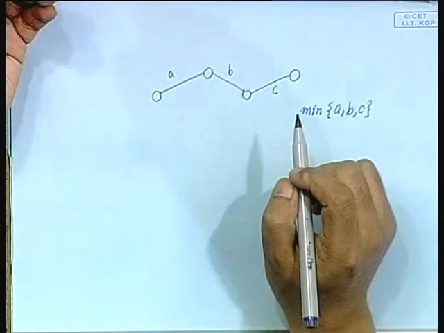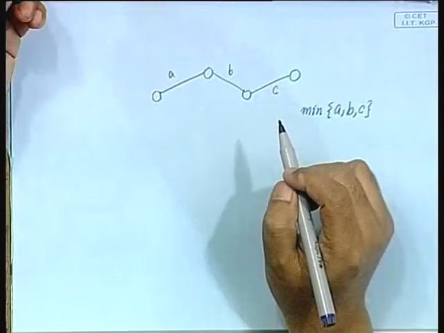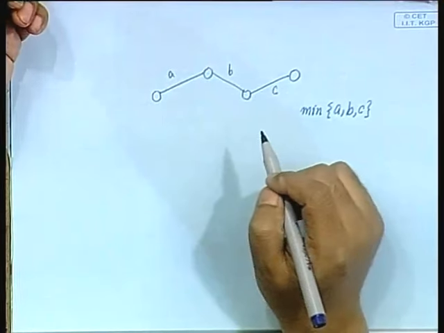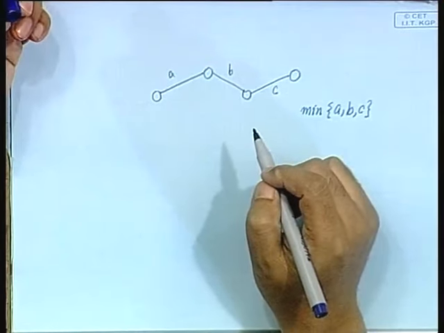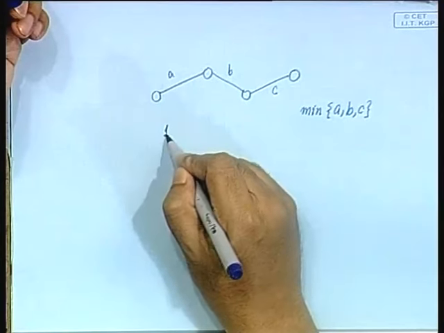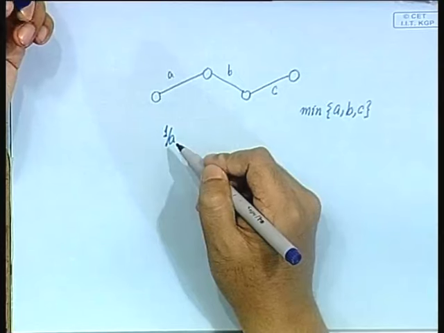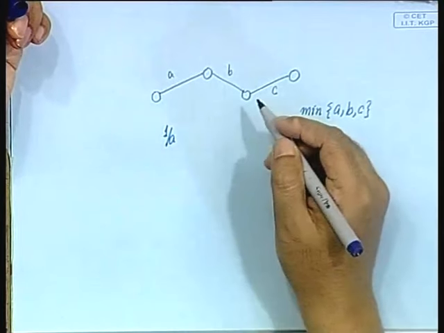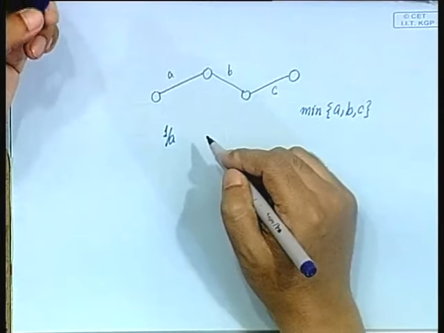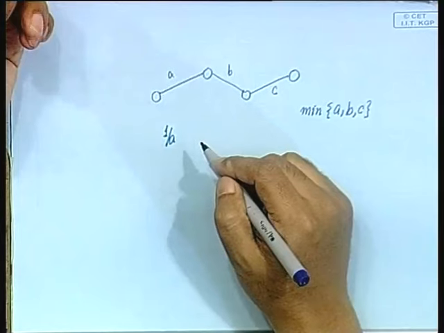Now, when we talk about congestion, congestion is just the reverse of this, because if A is the bandwidth, then we can say that 1 by A represents the congestion, okay. So, the more congested means the less the bandwidth is available, okay.